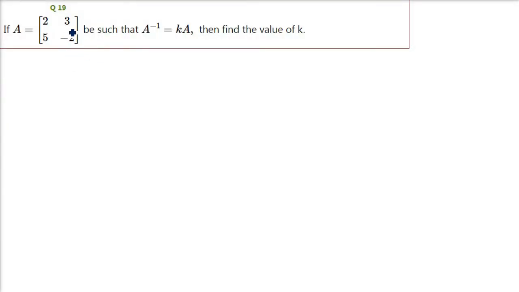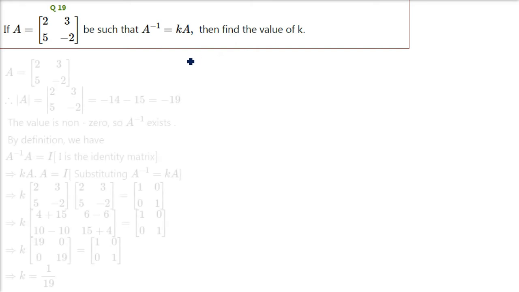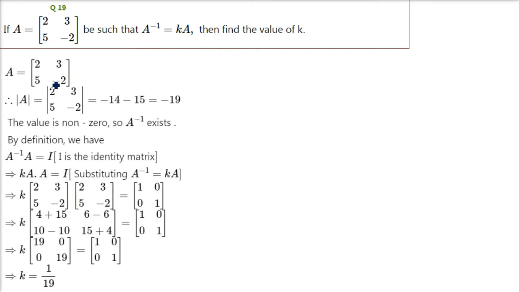If A is given this matrix and it is such that A inverse is equal to K into A, then find out the value of K. Since A is given, in order to actually work with A inverse, you have to tell precisely whether A inverse exists or not.